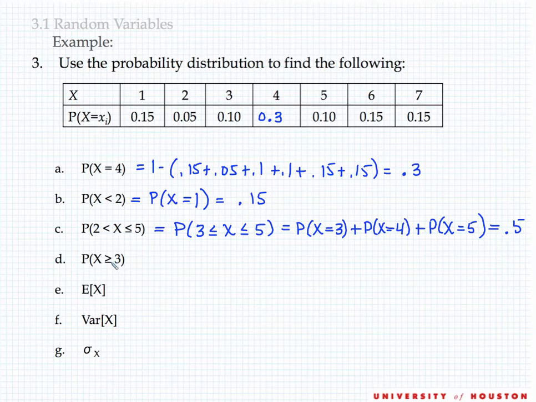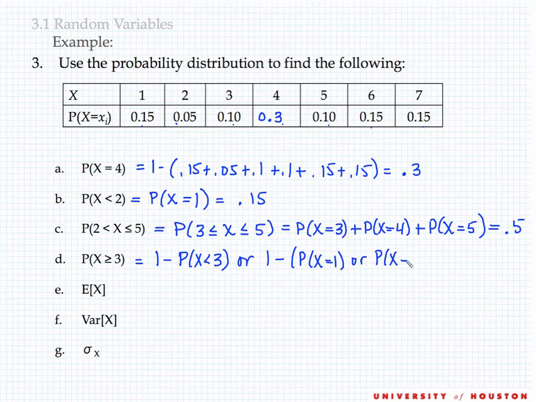Now the probability that x is greater than or equal to 3 would be the probability of 3, 4, 5, 6, and 7. Notice it's a lot shorter if I figured out the probability of 1 and 2 and subtracted that from 1. So notice this is the same thing as 1 minus the probability that x is strictly less than 3, or rather 1 minus the probability that x is 1 or x is 2.